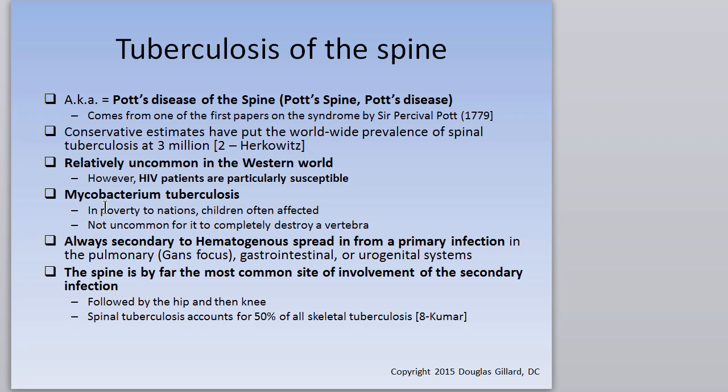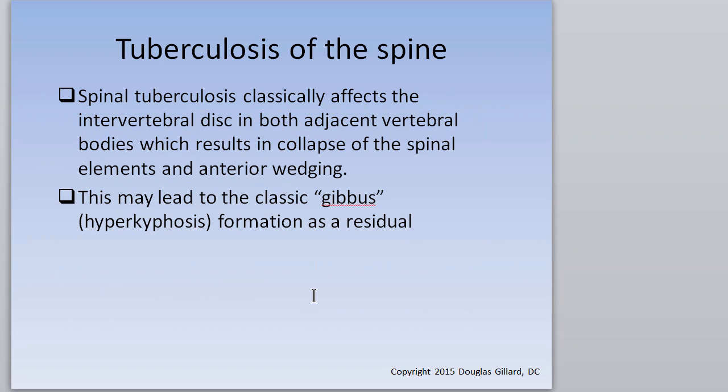Know the creature, Mycobacterium tuberculosis is the creature. And there, know that, I already said that, always secondary to hematogenous spread from a primary infection. And the spine is by far the most common site of involvement. Followed by the hip and knee. I think I said the pelvis, but it's hip and knee that are the other sites.